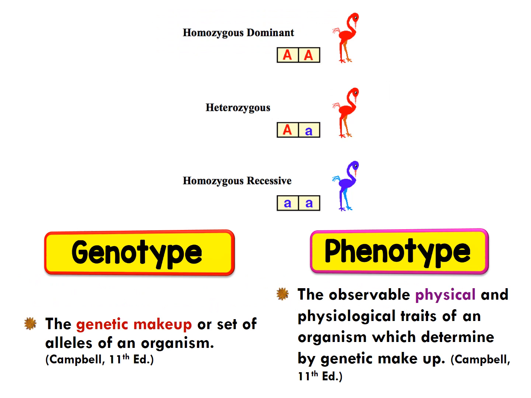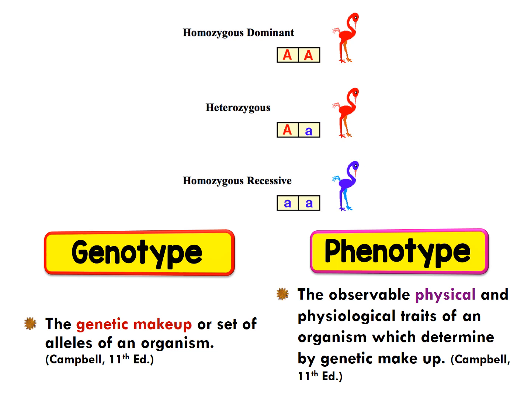The next terminology is genotype and phenotype. Genotype can be defined as the genetic makeup or set of alleles of an organism. Meanwhile, phenotype is an observable physical and physiological trait of an organism which is determined by its genetic makeup. For example, in this picture, the red bird and the blue bird have different genotypes, and each genotype shows a different phenotype.